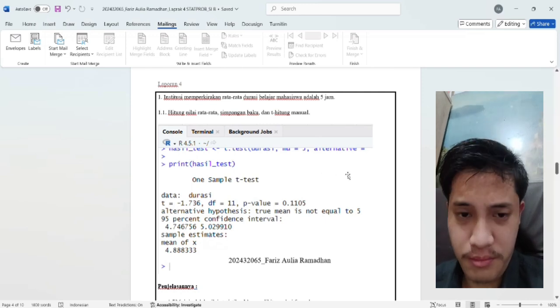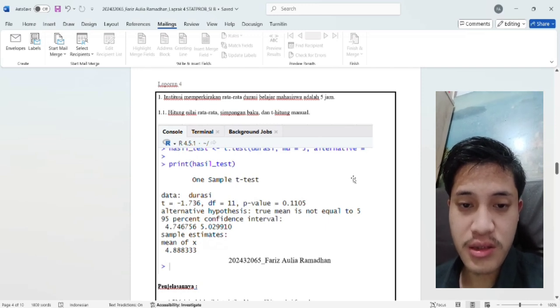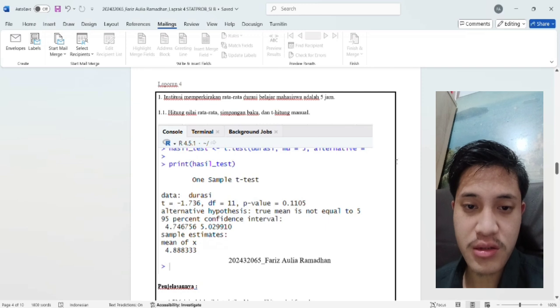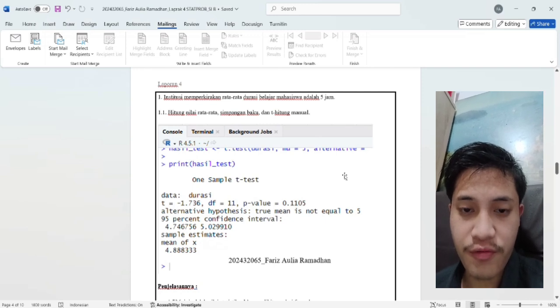Mean of x equals the sample mean of study durations. Confidence interval: 4.746 to 5.0299.